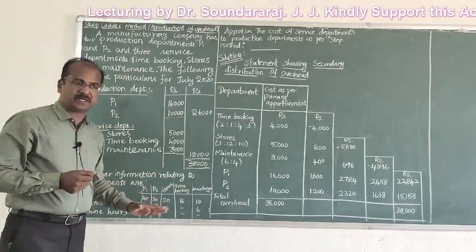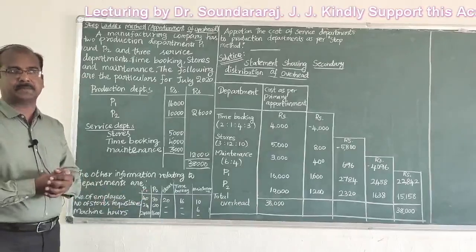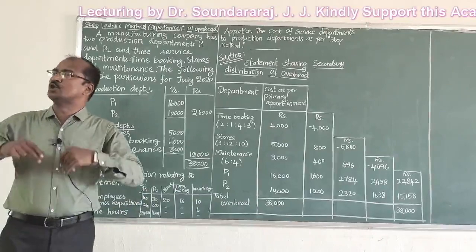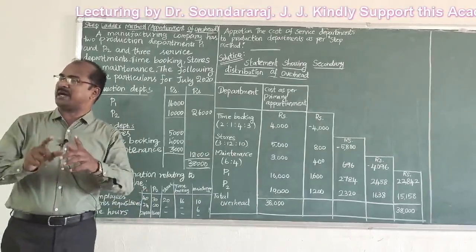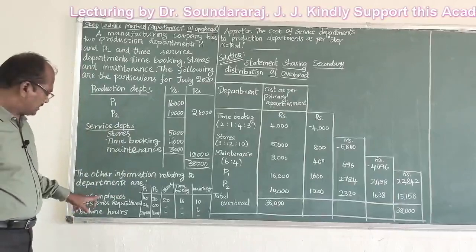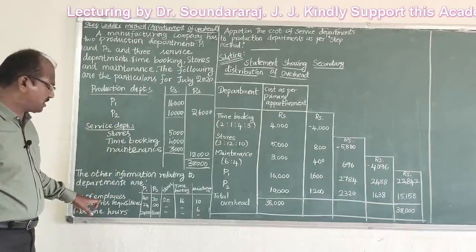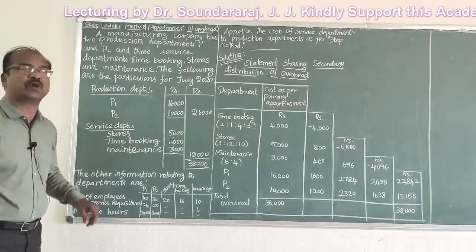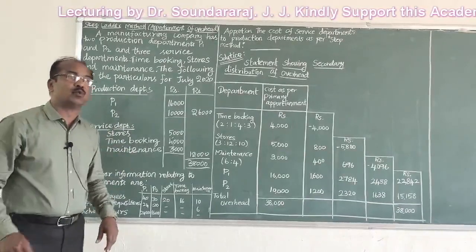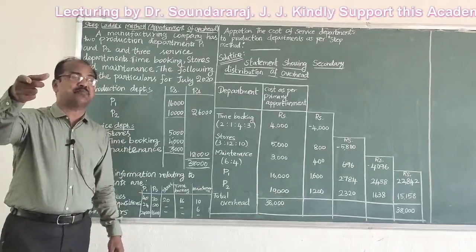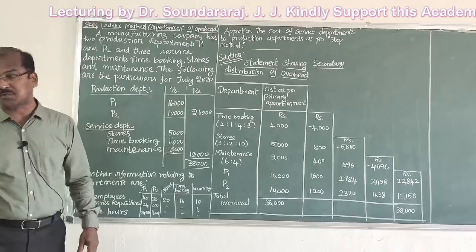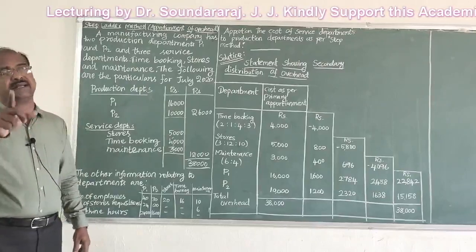Among the service departments, you have to check which department has served many departments comparing other service departments. Now if you look at the details, number of employees is very much connected with the time booking department. Therefore, time booking department would have served many departments comparing the other two departments which are stores department and maintenance department.